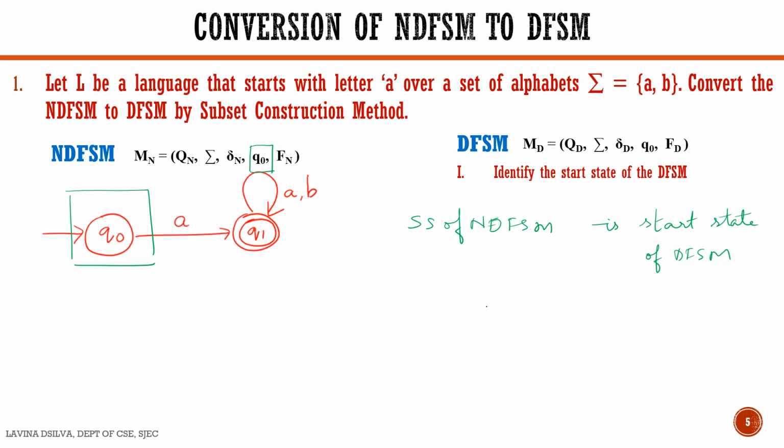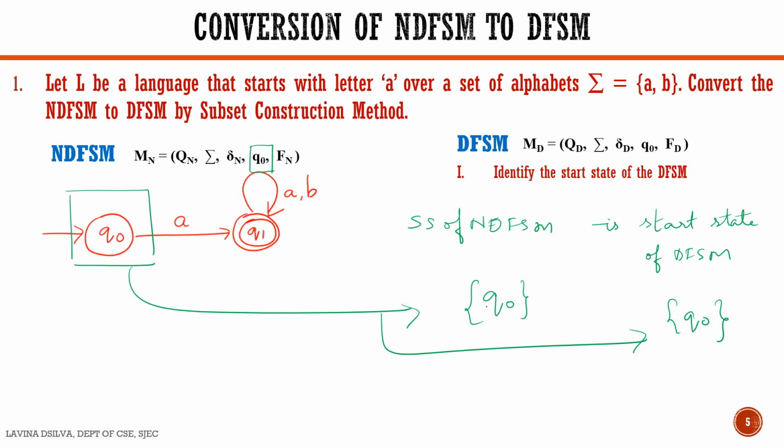We have seen this in the steps explained in the previous video. Therefore, if Q0 is the start state of the NDFSM, then Q0 will also be the start state of the DFSM. This is our first step.